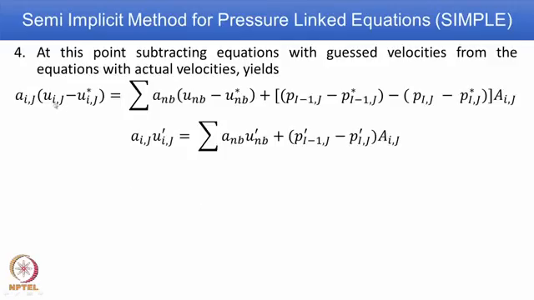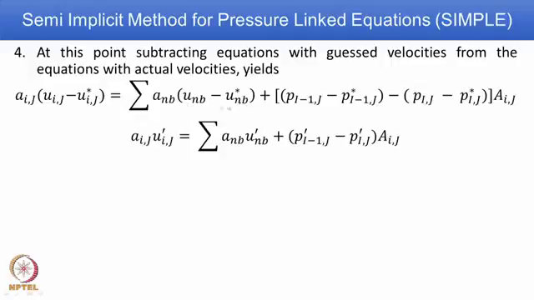So, u i,j is the actual velocity and u star is the guessed velocity. If you subtract the guessed velocity from the actual velocity, that will result in the correction in velocity, and this is repeated for all the terms inside.